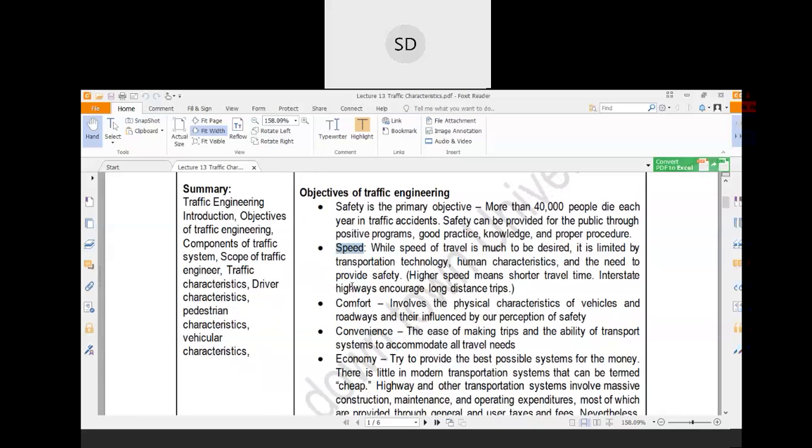Then comfort condition is also important, and based on the comfort condition, as we have already discussed, we design the valley curve, and for the horizontal curve also we need to think about the comfort condition. So basically, the comfort conditions also depend on different traffic parameters.